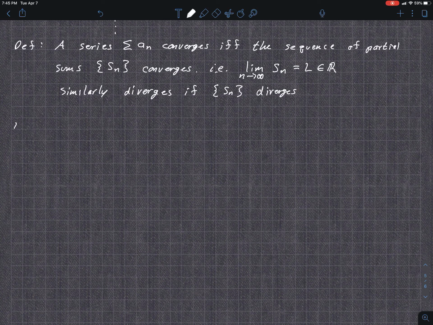All right, so suppose we have this series. Given the series, it looks like the series 1 over n times n plus 1. And we'll write out the first few terms of that series.